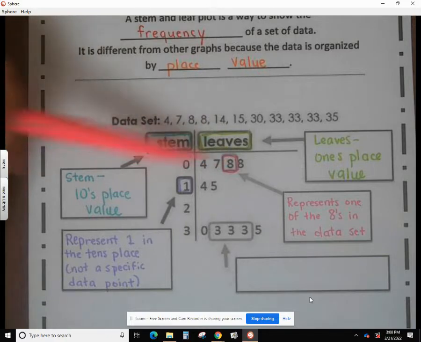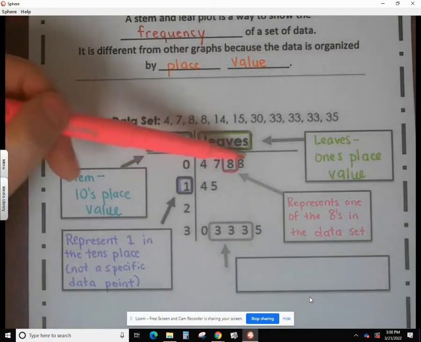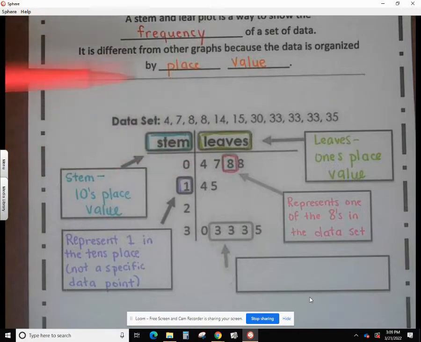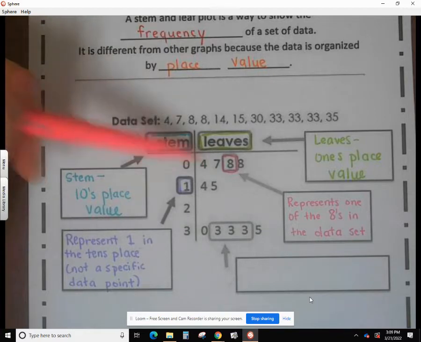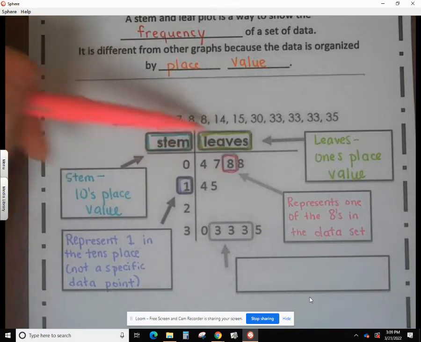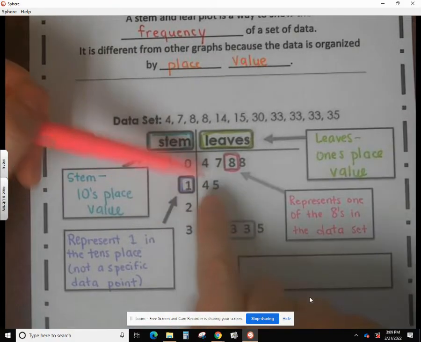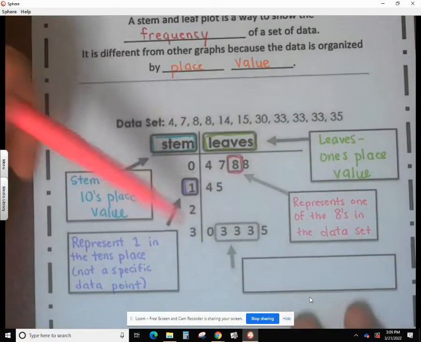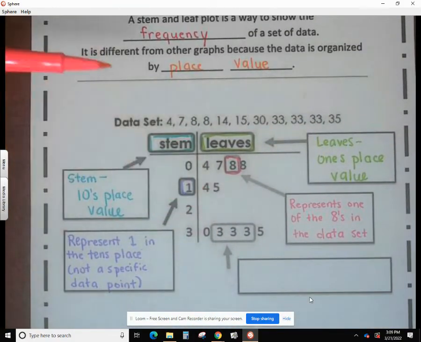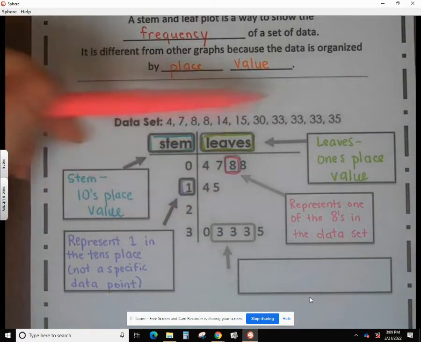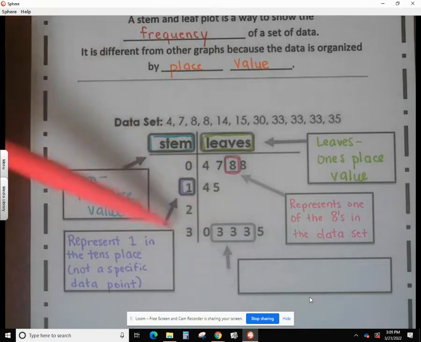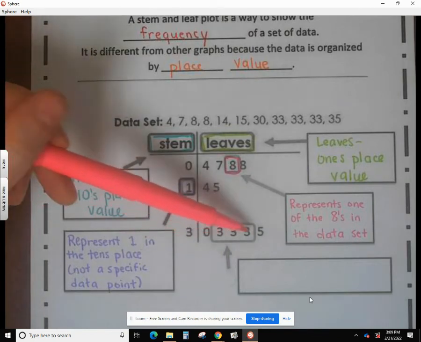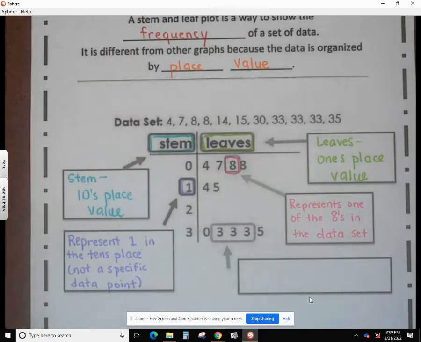So the 0 and an 8, that means 8. 0 and another 8, that means there's another 8 in the data set. And this whole stem and leaf plot matches this data set up here. So you see 4, that's this one here, 7, 8, 8, and then 14, 15. There's no leaves in the 20s because there were no numbers in the 20s. But then you have the 30s, so 30, 33, 33, 33, and 35.